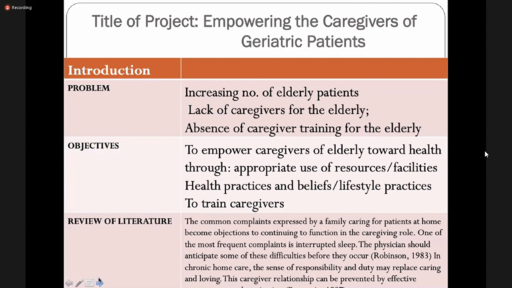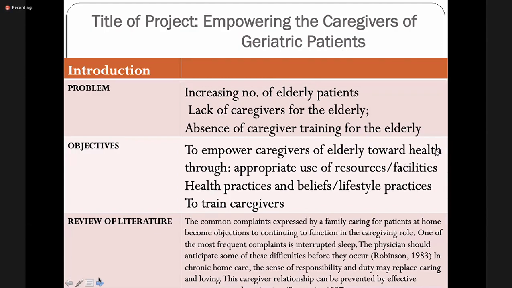For example, empowering the caregivers of geriatric patients sa ABRNC, no? So, isa sa mga problema is increasing number of elderly patients, lack of caregivers for the elderly, the absence of caregiver training for the elderly. So, yung nakita nila kasi because of the technology, mas marami na ngayong mga elderly.